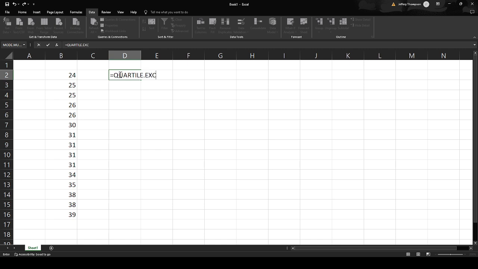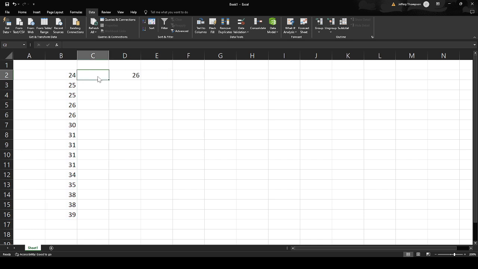QUARTILE.EXC. And that's exclusive. So what this will do is if I take B2 to B16, which selects all my data, and then here I'm going to put a comma, and I want the first quartile. So comma 1. First quartile.